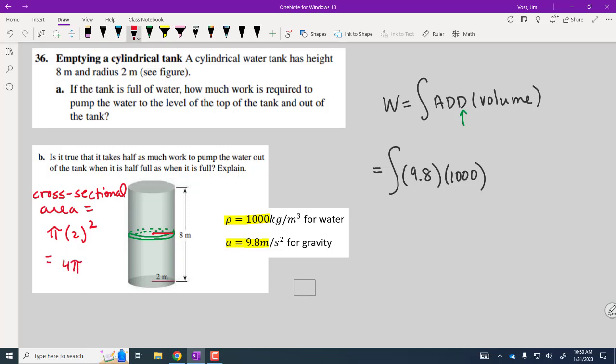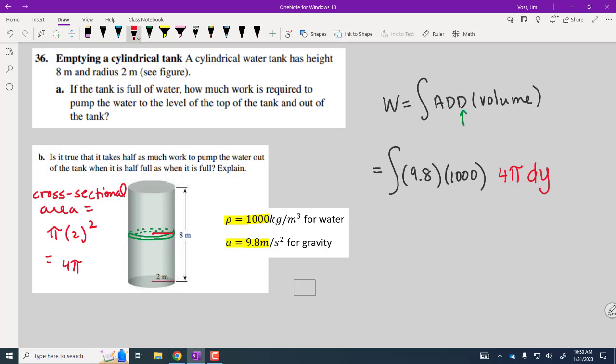No matter where you draw your representative cross-section, it's 4 pi. So volume, there's the cross-sectional area. We are integrating with respect to y, so we typically will use a dy. You could use a dx, does not matter. That is the volume. So when we say volume there, we mean the volume of a very thin slice.